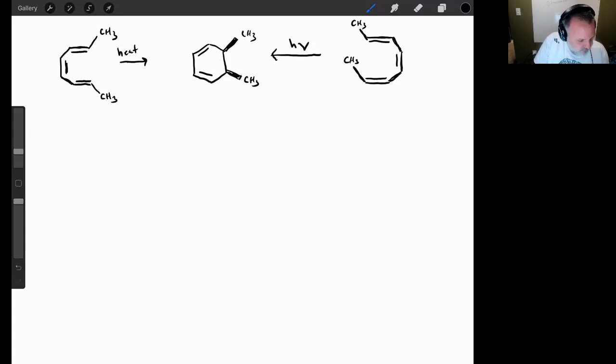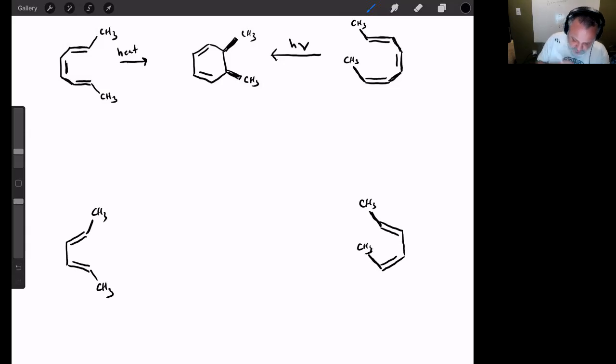If I start out with a 4-electron pi system, and these point in the same direction, both pointing up. These on the left, they point in the opposite direction. One points up, one points down, from the perspective of the whiteboard being on a vertical wall.